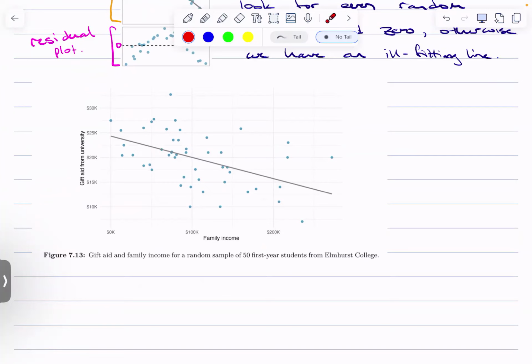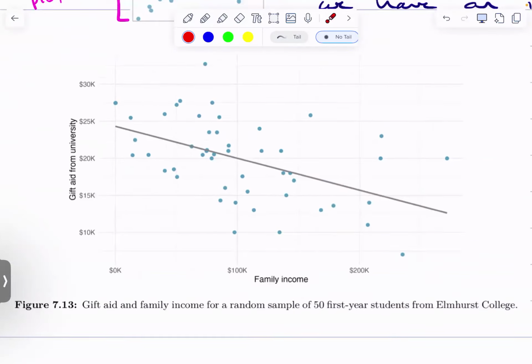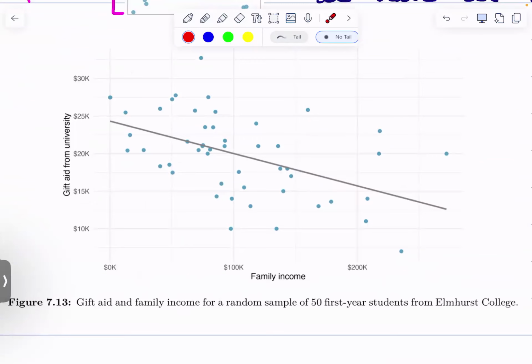But as a jumping off point, here we have the gift aid. Gift aid is just money that you don't have to repay from the university. That'd be nice. So you get some gift aid in some amount, but it depends on your family income, right? And so for a random sample of 50 first-year students from Elmhurst College, we see that there's a negative relationship.